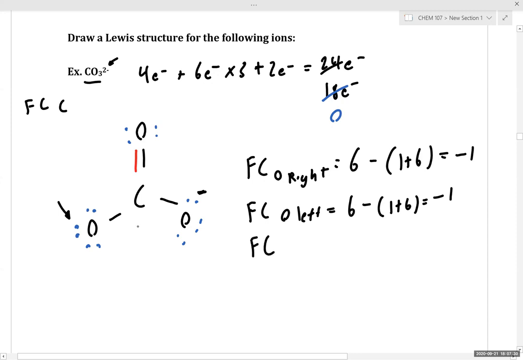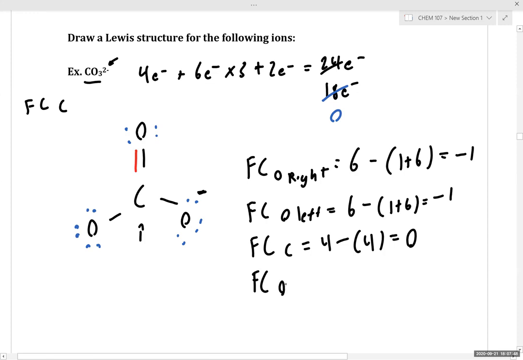Just to make sure we aren't going crazy, the formal charge of carbon in this case is equal to group number of 4 minus 4 bonds, which gives us a formal charge of 0. Okay, that makes sense.